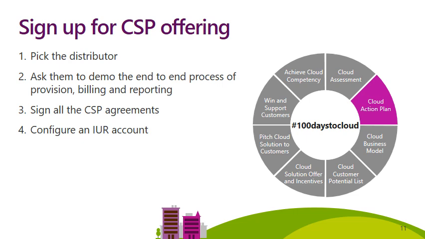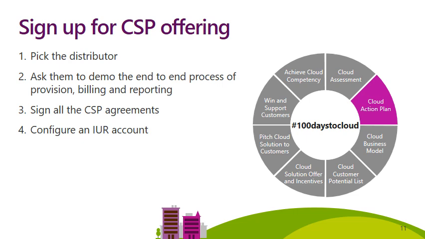As an indirect partner, you would work closely with your distributor who provides the CSP offering for Office, Azure, Dynamics, and EMS. To have an effective conversation about CSP with your distributor, invest time in getting a demo from them to understand the process of cloud provisioning, billing, and reporting.